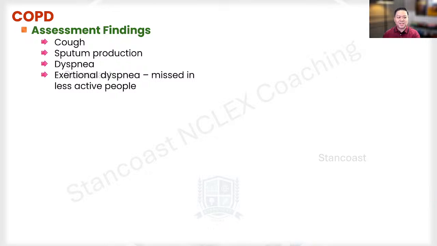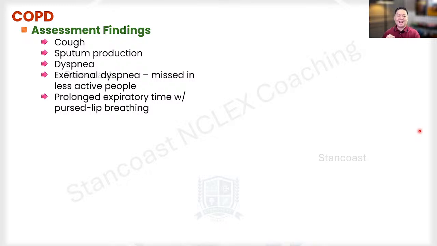So pay attention to the exertional dyspnea. This is probably something that you might not see right away, so you really have to assess your patient carefully. Now, there's also going to be a prolongation of the expiratory time. When they exhale, they're going to have this classic lengthened exhalation, and they're going to have pursed lip breathing.